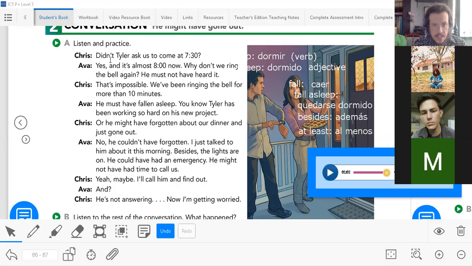Let me see. Yes, find out, correcto. So, if I just say find, ¿qué significa solamente find? Encontrar, ¿no es cierto? Solo find es encontrar, right?